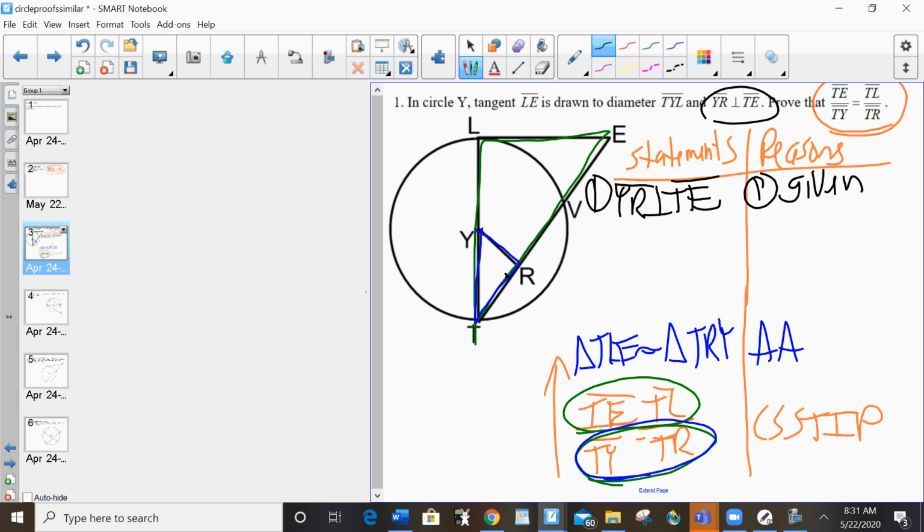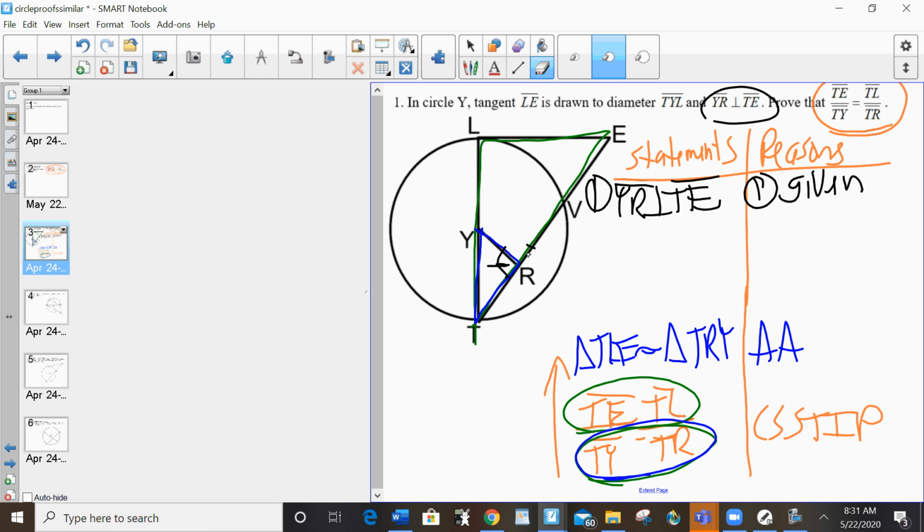These are my right angles. Now, are they both angles of the triangles we're trying to prove? No. This is an angle of the blue triangle. However, this other one is not an angle of the green triangle. So that one's not going to help us. So that perpendicular only gave us one right angle. I need another right angle. So I'm going to look for my circle theorems.